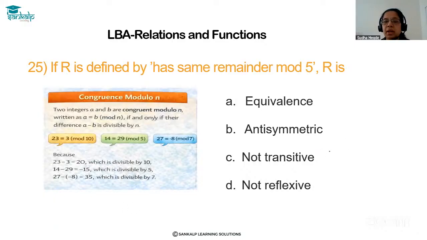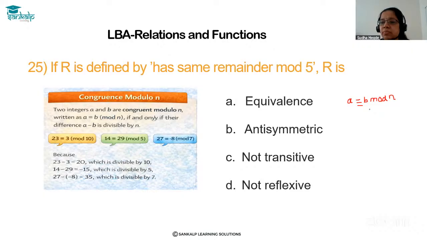What do you mean by A congruent to B mod n?